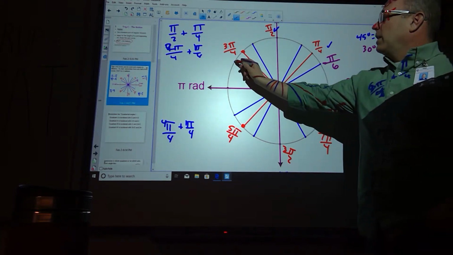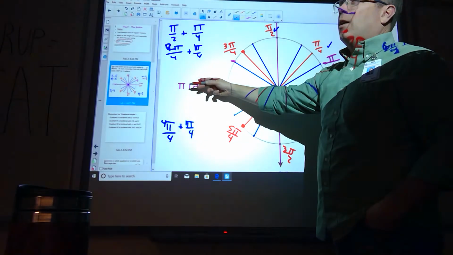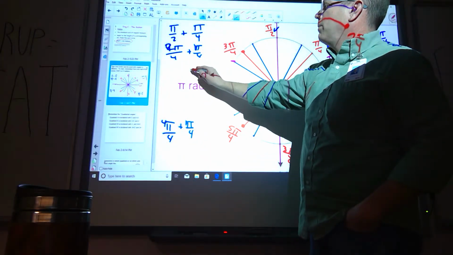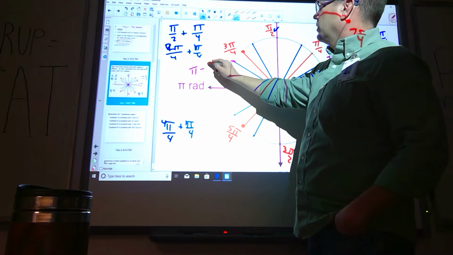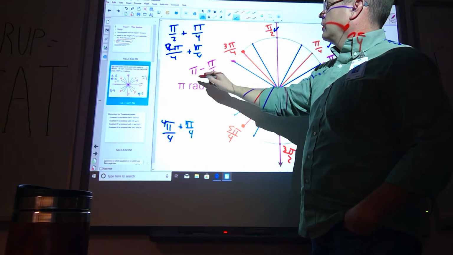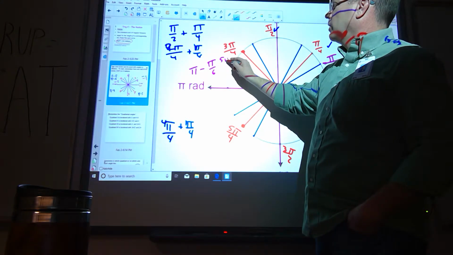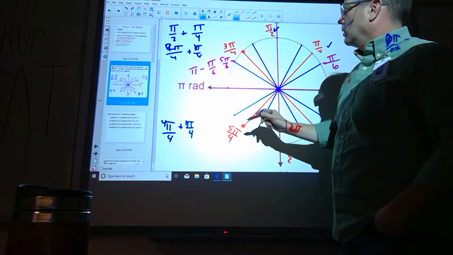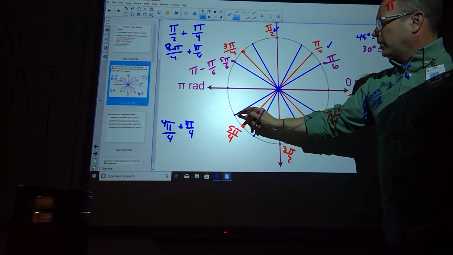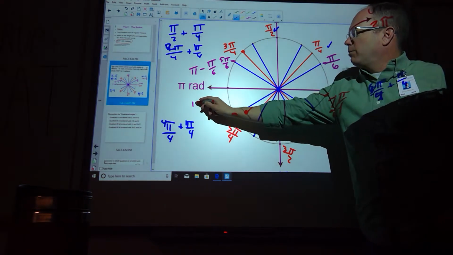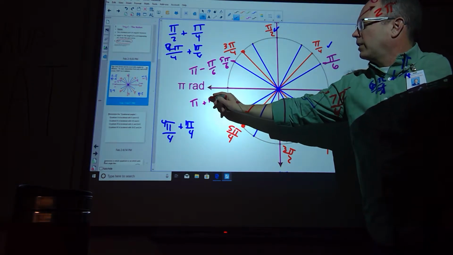So then if I wanted to figure out this one here, I'm going to back up from pi. So I'm going to go pi minus pi over 6. So that's 6 over 6 pi. So that's going to give me 5 pi over 6. This 30-degree angle right here, I'm going to add pi and pi over 6 to each other.